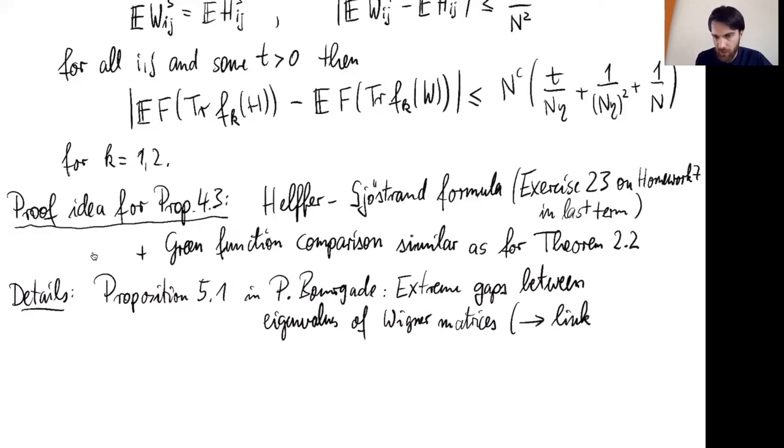There he considers a somewhat more general setup, but in particular it contains what we proved before. You can find the link on Moodle, or if you search on the web, you will also find it. And the idea is similar to what I said here. You do some Green function comparison, use the moment matching conditions, and of course the local semicircle law.